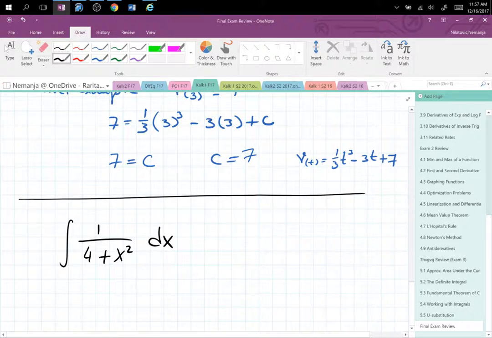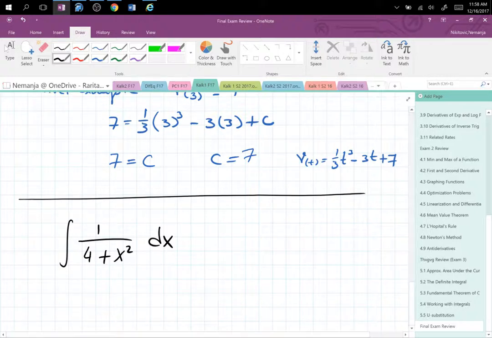Right. So this is something that you have to memorize in Calc 1. And generally, the only two formulas that you will be memorizing are the ones that I indicated, which are the inverse sine and inverse tangent. And this is inverse tangent.